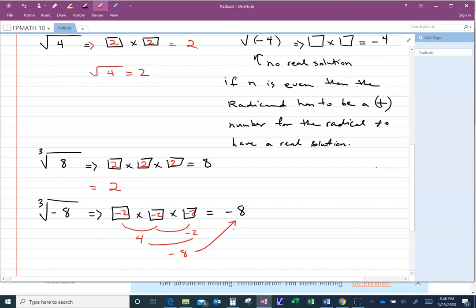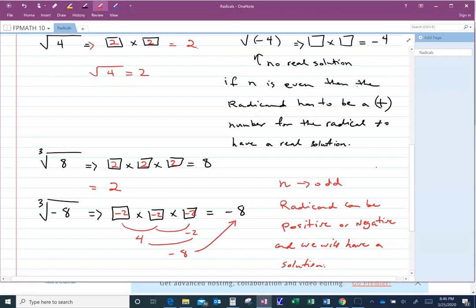So when n is odd, the radicand can be positive or negative, and we will have a solution. That means we can evaluate it, and that's the key to this.